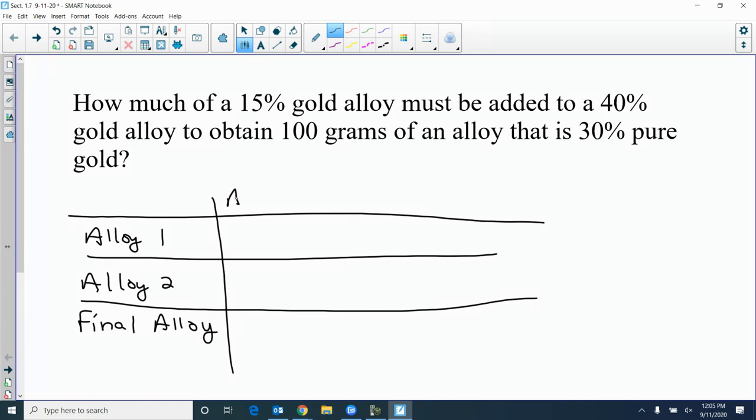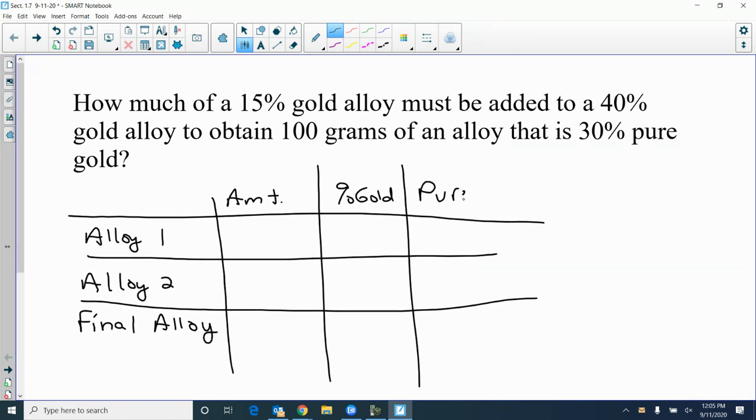And we've got amount, we've got percent gold, and then I guess the easiest thing here would be pure gold. All right, alloy 1, we don't know how much. The only thing we know how much is the final alloy.